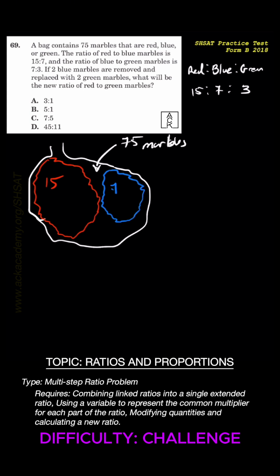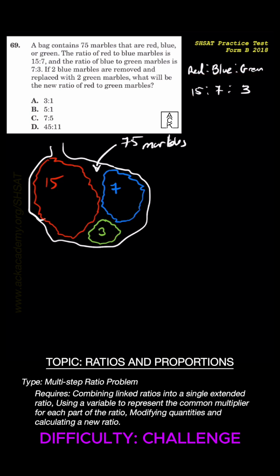So let's say that's 7, and the green is something like this, where it is 3. Now, we know that there's 75 in here, but we don't know exactly how many red, blue, or green. We just know that the ratio is 15 to 7 to 3, just like here.